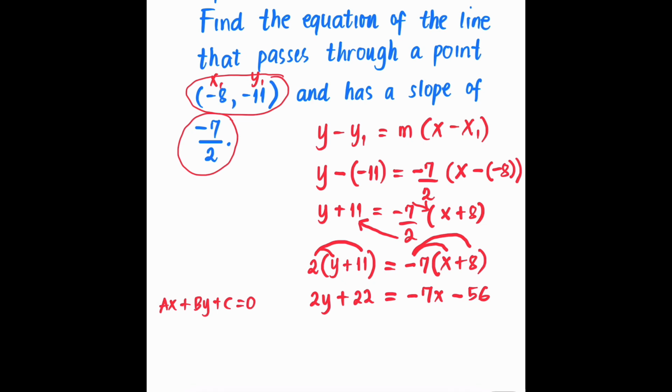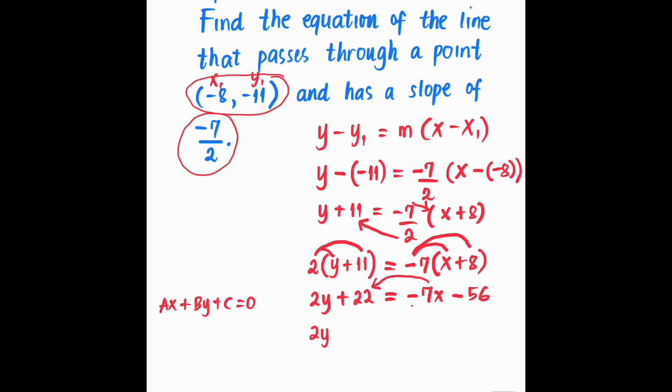So here, 2y. 2y is already on the left, so I just simply copy it. Negative 7x needs to jump over to the left-hand side. The rule is when the term is jumping over the equal sign, we need to change the sign to opposite.